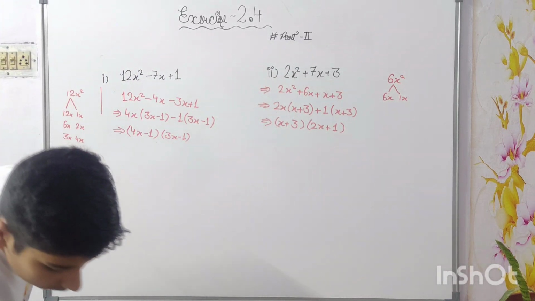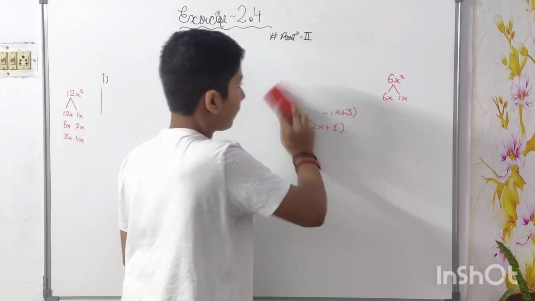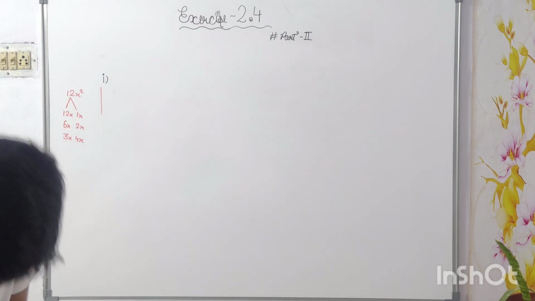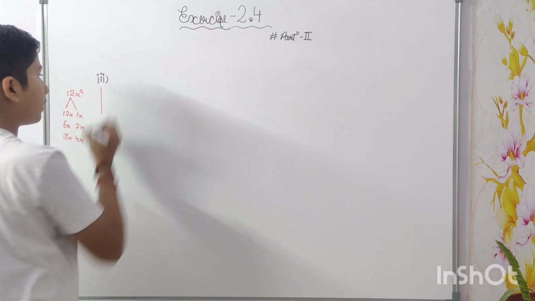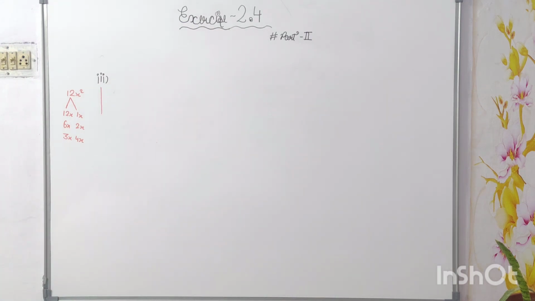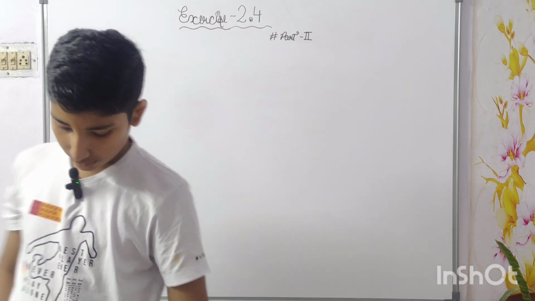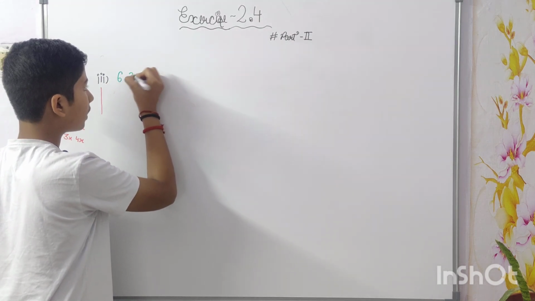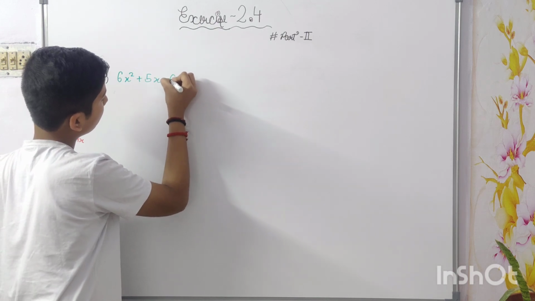Now let me erase it. Let's solve it. Third part. Six x square plus 5x minus 6.